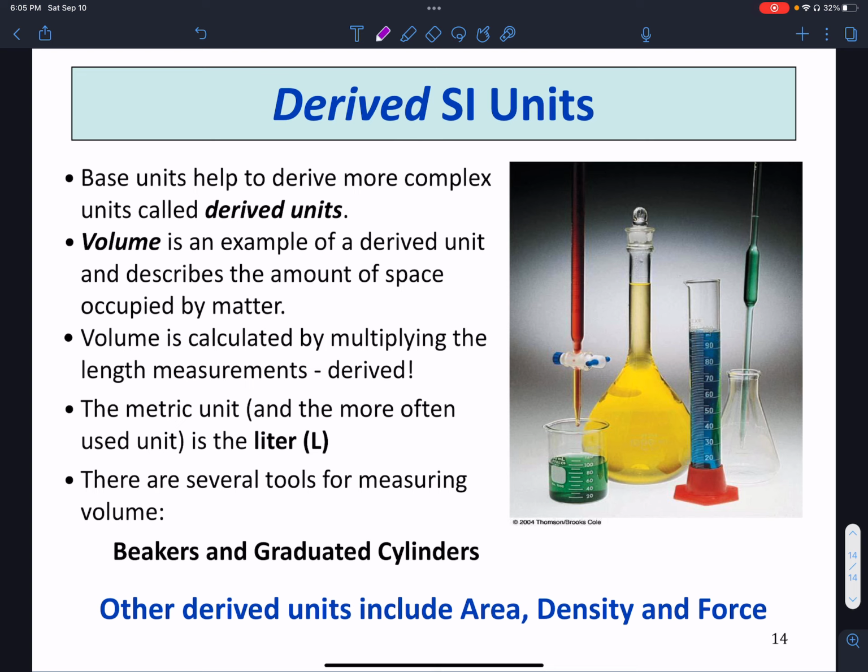The metric unit for volume is called the liter, which hopefully you have heard of. We use several tools for measuring volume, some which you use in your kitchen, like measuring cups and teaspoons, but we also use beakers and graduated cylinders in the lab. Some other derived units you might have heard of include area, density, and force. We'll be talking about several of those this year.